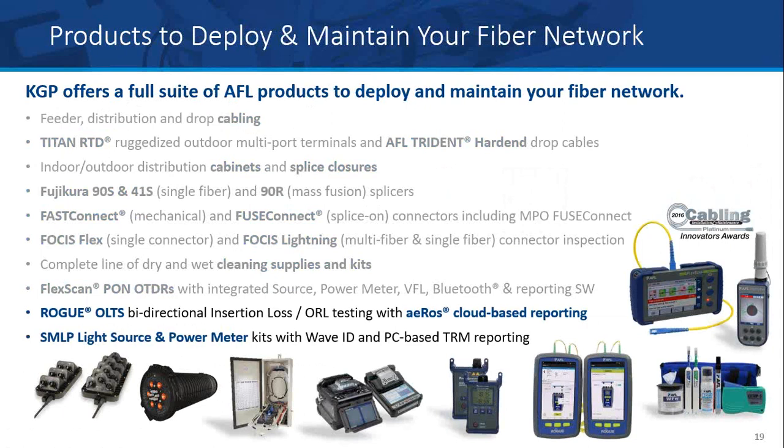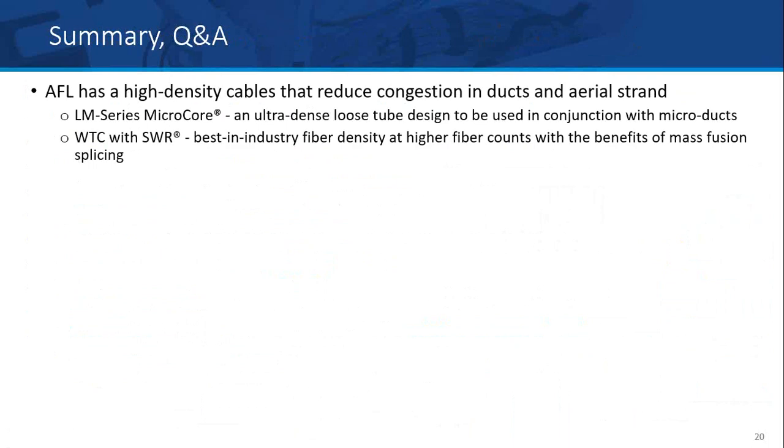We have our Rogue system with our Arrows cloud-based reporting, as well as some other light source power meter kits, maybe scaled back technology-wise, but some pretty clear-cut meter readings if you're just doing true power meter type readings.